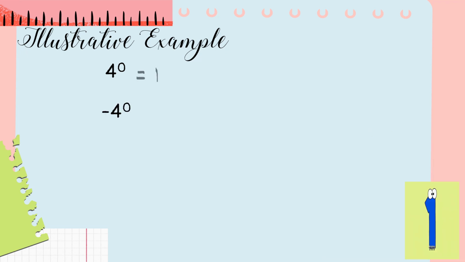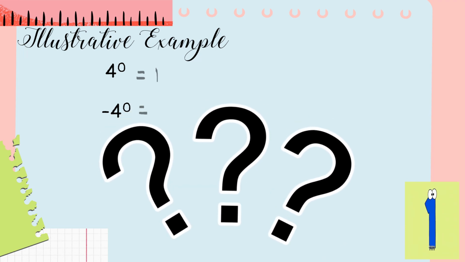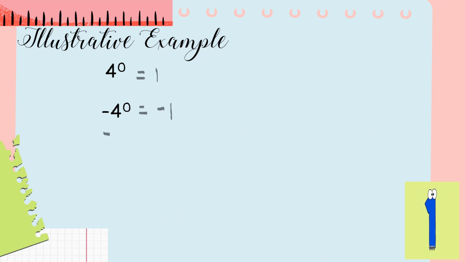How about negative 4 raised to 0? Is your answer negative 1? Yes, the answer is negative 1. This is negative 4 raised to 0 is 1. So negative 1 times negative 1 is negative 1. Next, how about the quantity 3x raised to 0?